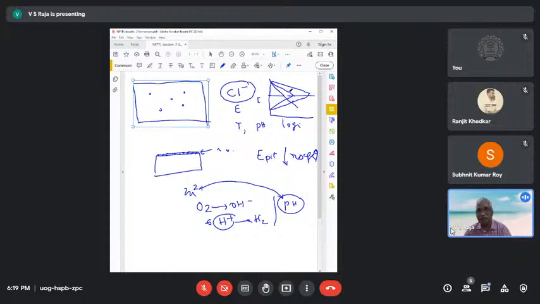So you find the inhibitor has to be very, very strong. If it is only affecting cathodically, the potential cannot be this, it has to be lower than that. The point is correct. We are not saying that there cannot be mixed inhibitors, but with mixed inhibitors, the shift in potential is not going to be significant. It is significant if it is going to be either anodic or cathodic.